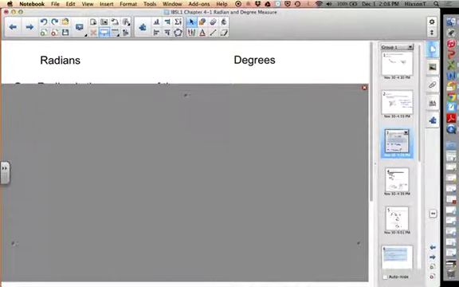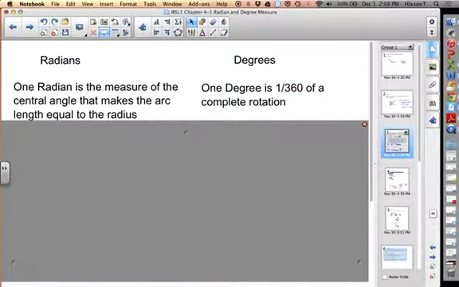Alright, so degrees. How many degrees are in a circle? 360. Okay, so we could define 1 degree as 1/360th of a circle, or of a full rotation, right? So that's what a degree is. That one's kind of obvious, if you think about it. The radian is a little less obvious, okay?